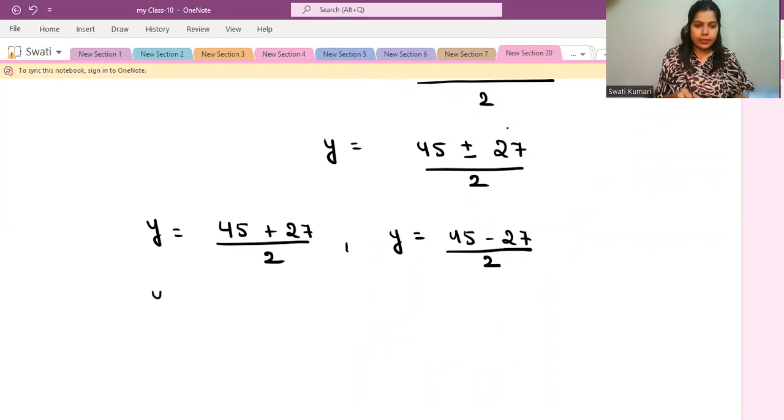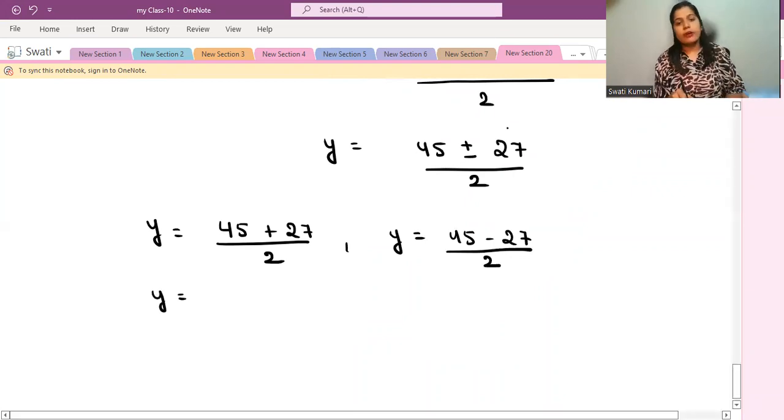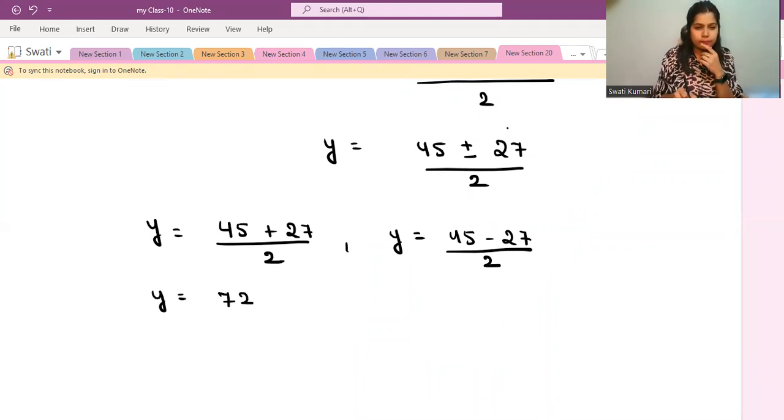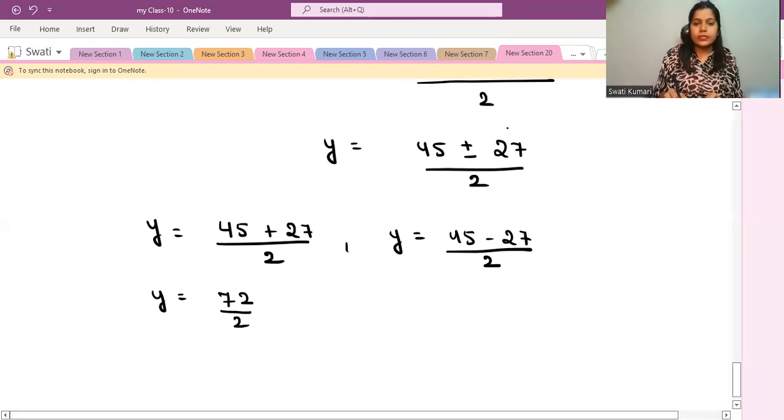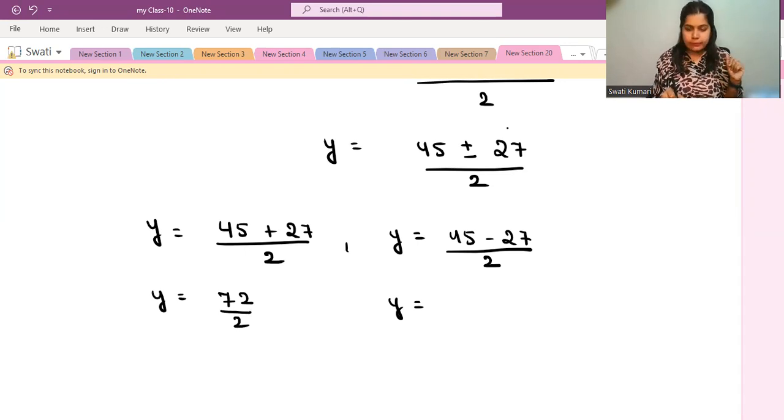That's it. So this will become y equals 45 plus 27, which is going to be 72. Yeah, 72 upon 2. And this is going to be 25 minus 18. Yes, 18.